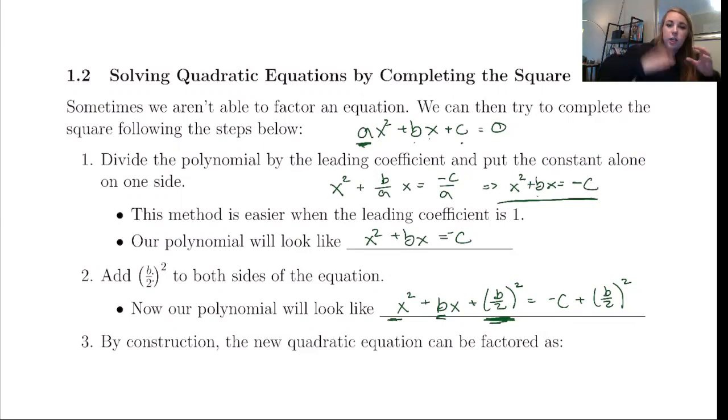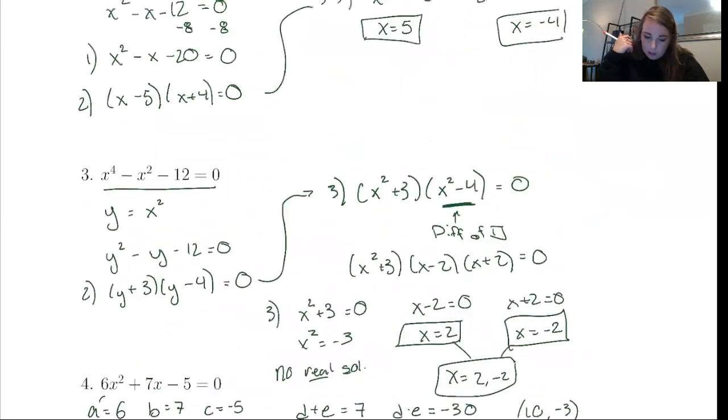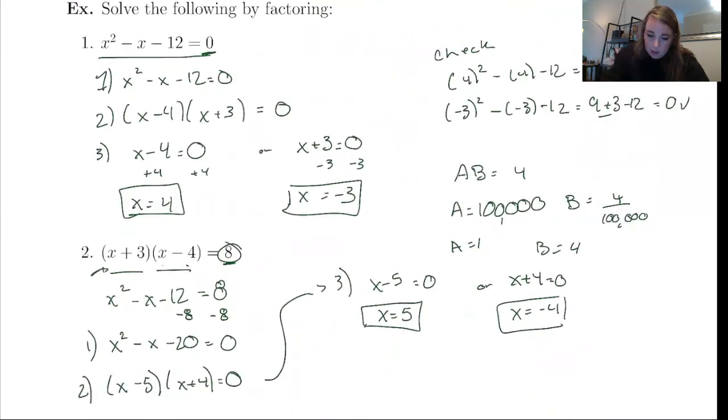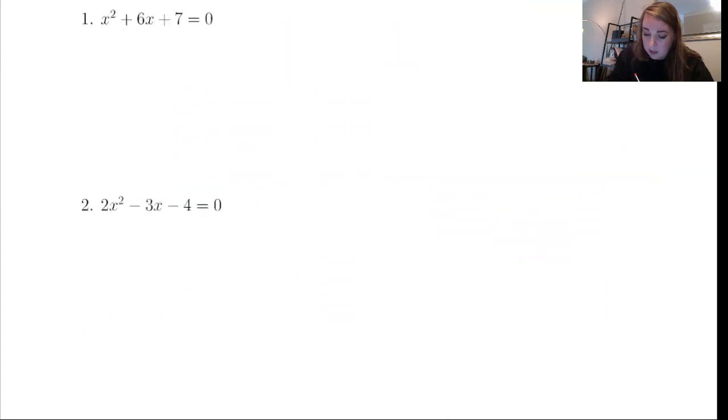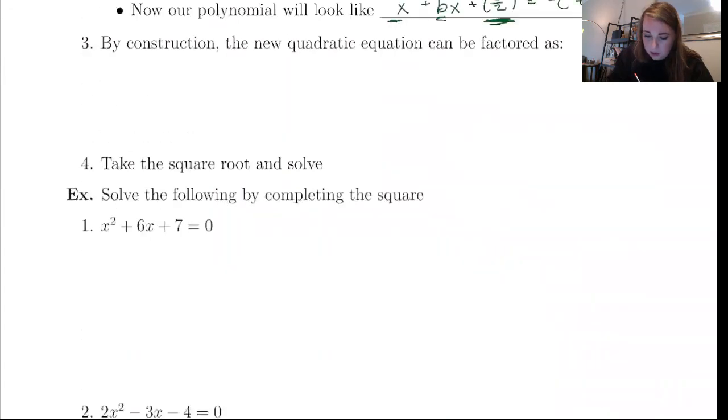That constant changes the outcome of my factoring. And we saw that on the second problem. If I scroll up here really quickly, x squared minus x minus 12, well, that factors to this. X squared minus x minus 20 factors to this. So just by changing that constant a few numbers changes the factoring completely. And that's the point of adding b divided by 2 squared.